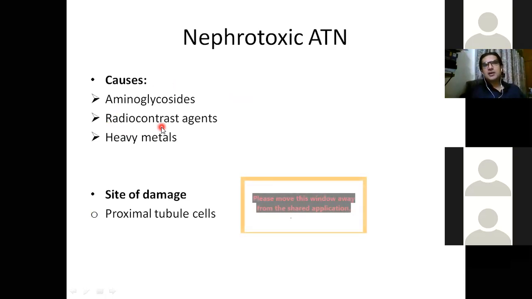The second common type of drugs are radio contrast agents, right? And you know, the radio contrast agents are given when a patient needs a contrast CT scan. For example, if the patient is admitted for a bowel injury, right? That is a bowel perforation or gallbladder perforation, etc.